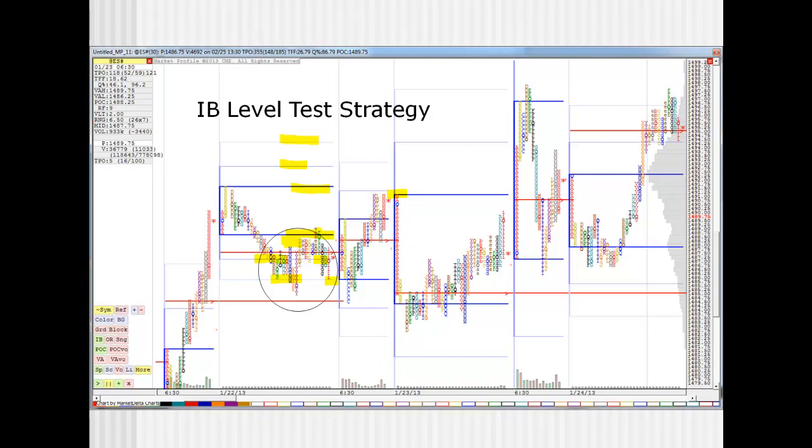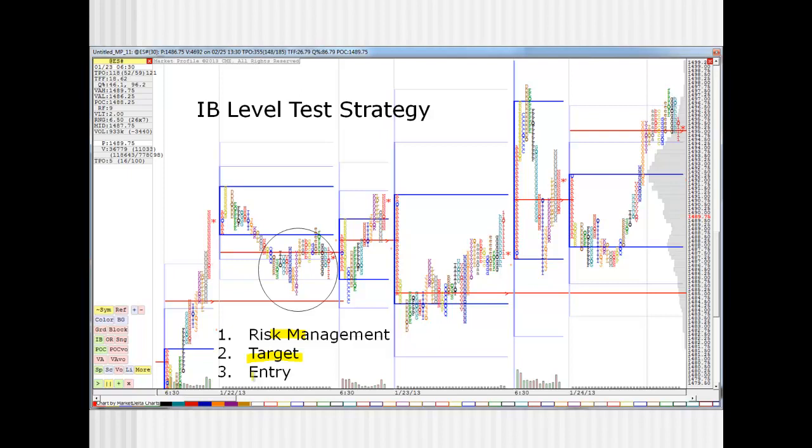So the IB levels help us to identify the opportunity, and at the same time they help us to manage our risk, and in addition they also help us to establish a reasonable target.